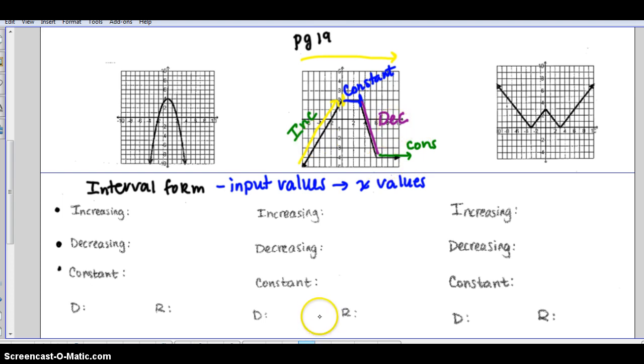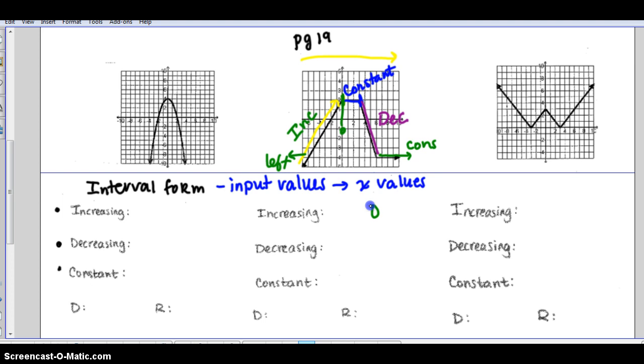The hardest part about this is understanding that you're going to be using the x values. So for increasing, it starts out here, way out here, to the left, and it keeps going to the left. But it stops at this value right here, and that value is 0.